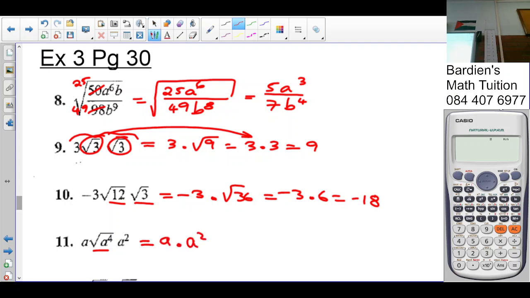A squared, not so. Times a squared. Now we can multiply them all. What's a times a squared? A cubed. And a cubed times a squared? A to the? Any problems here? No?